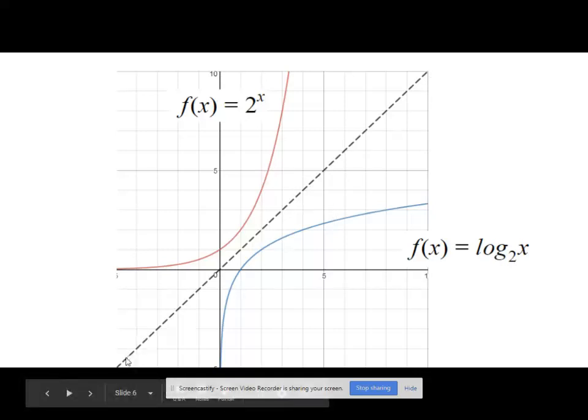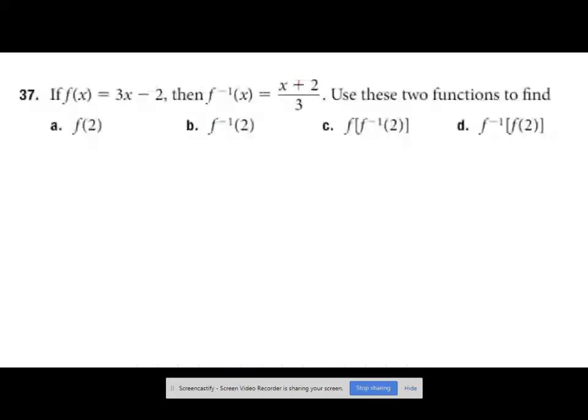And if you recall, if two functions are a reflection across this diagonal line here, they must be inverses of each other. And that's true here. An exponential function and a logarithmic function are inverses of each other. That's another tool that we can use to help us solve problems. I'm going to show you what I mean. And you might not like this at first, but you'll get accustomed to it.